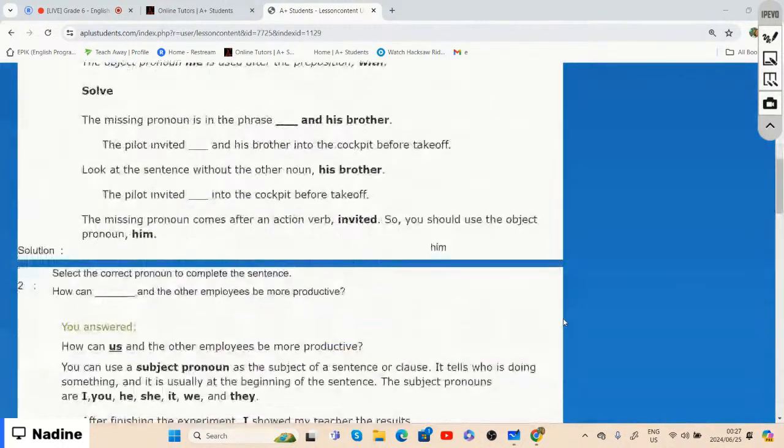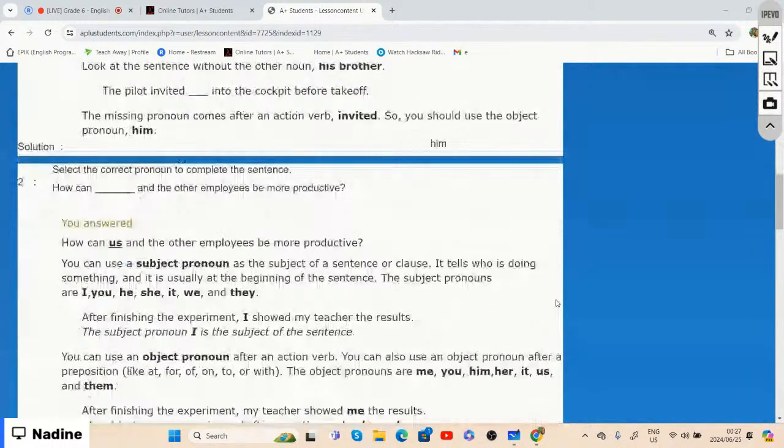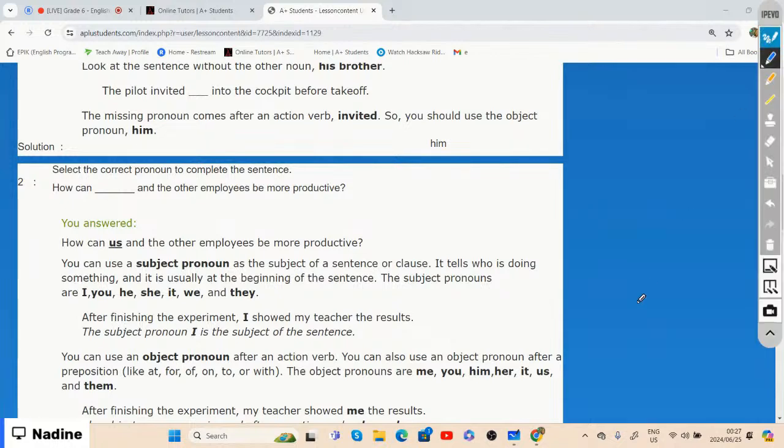It says we need to select the correct pronoun to complete the sentence, right? So, keeping in mind, a subject pronoun is basically the person who does the action, and it's usually at the beginning of a sentence. It doesn't have to be literally the immediate word at the beginning of a sentence. And an object pronoun is basically the receiver. It is where something is being done to that person or thing.